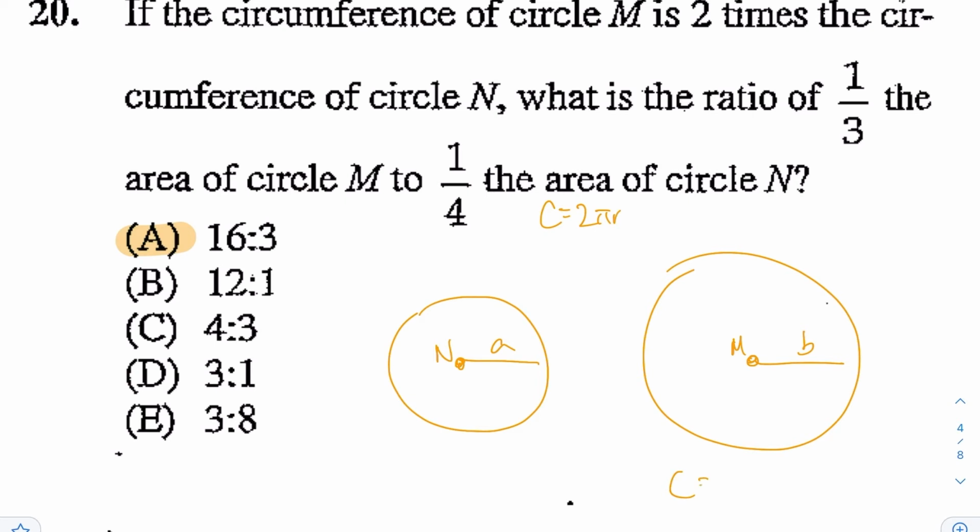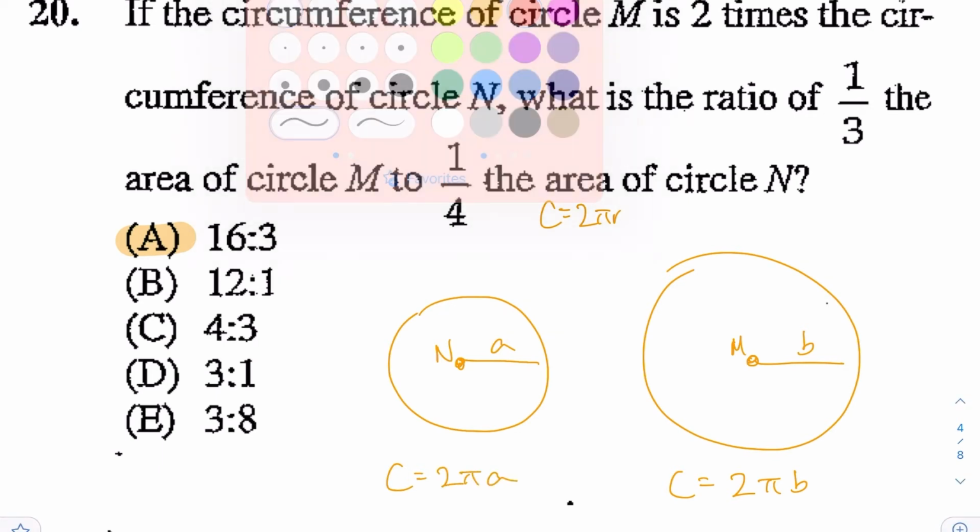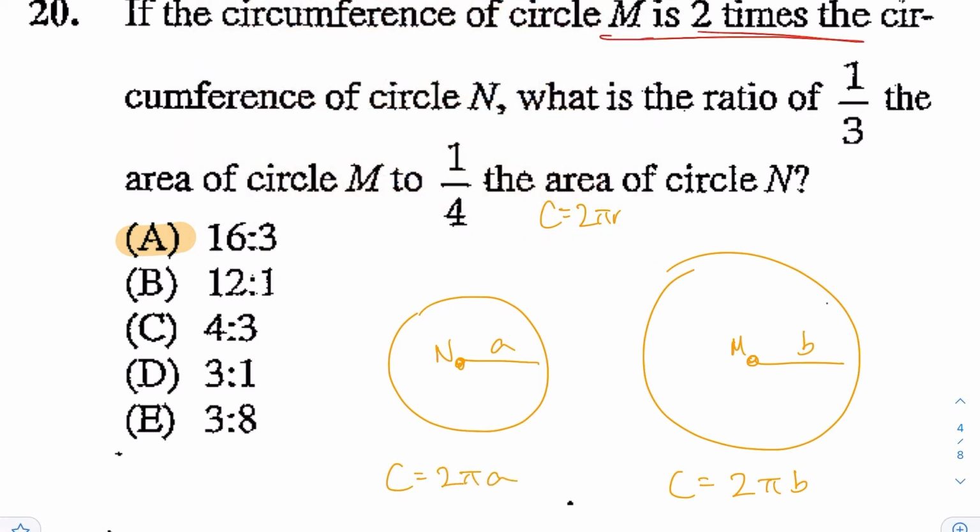So the circumference here is 2 times pi times b, and the circumference for the smaller circle is 2 times pi times a. And we know M's circumference is 2 times circle N's circumference.